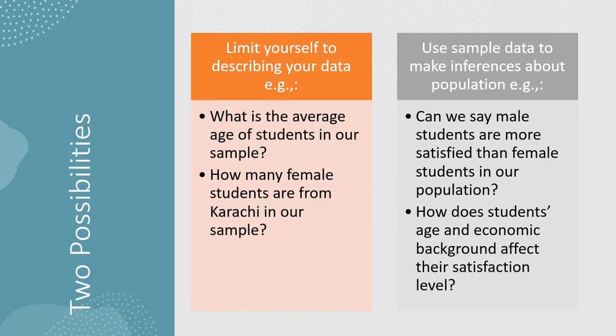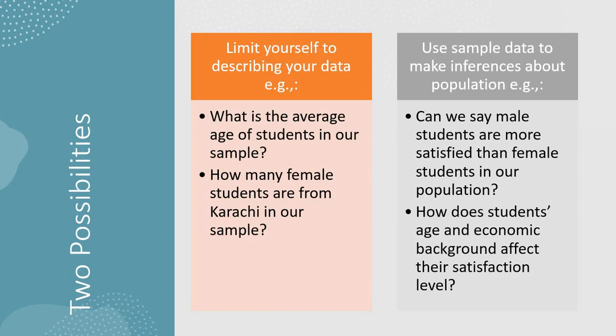Suppose I find out that the average age of students in our sample is 22. The next question is, but knowing about the sample is not an end in itself. I want to be able to make a guess about the population. So I want to know if I have the average age in my sample 22, what is the likely range of ages in my entire population?